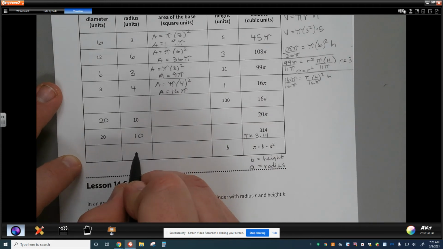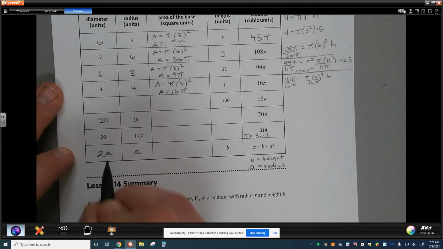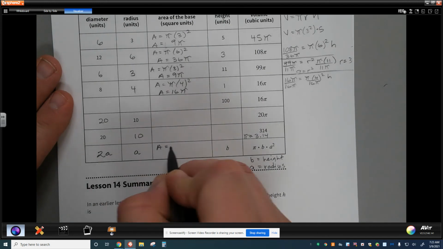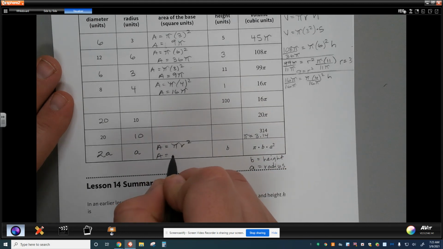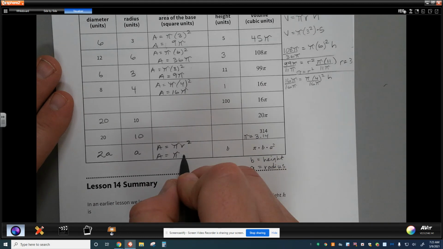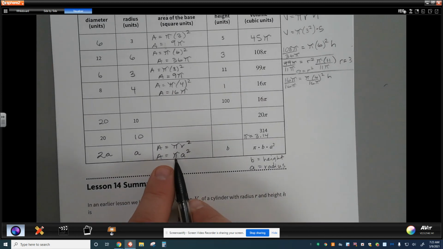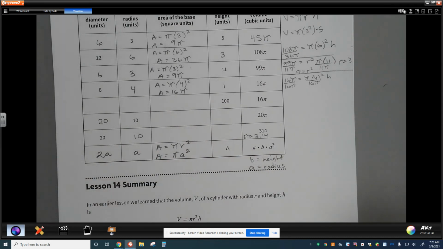And so I can easily put radius of a right here. And then the diameter is twice as big as a. And so our area would have to be equal to pi times the radius squared, which would mean area is equal to pi times a squared. And then we get the exact same thing over here. We have pi times a squared times b, and we see all those in the same order.